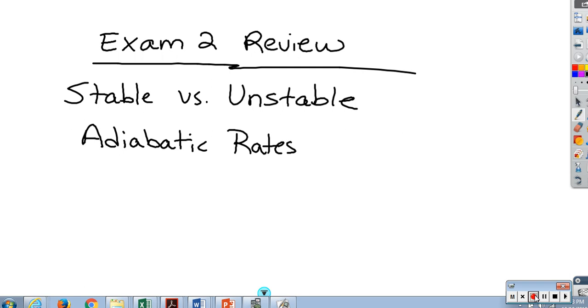If that parcel of air maintains its identity, that is to say it doesn't exchange any heat with its surroundings, then if it's below the saturation limit, if it's not completely saturated air, as it rises it will cool at what we call the dry adiabatic rate.